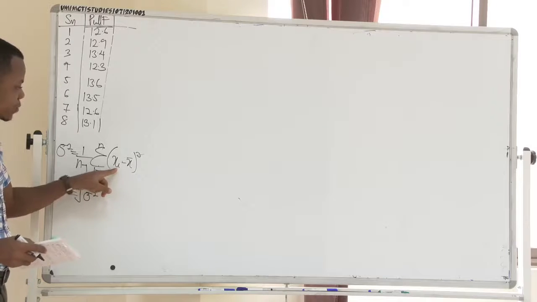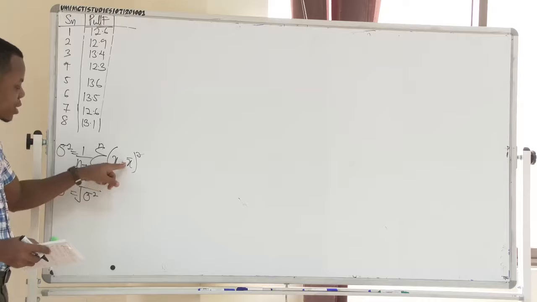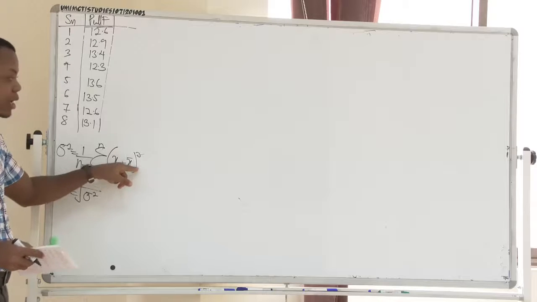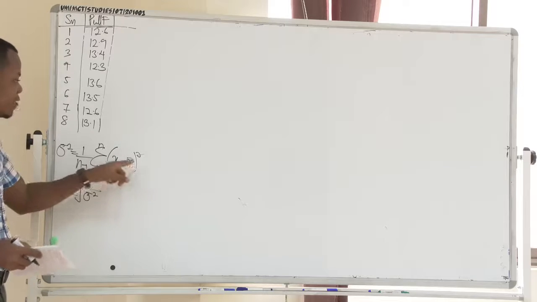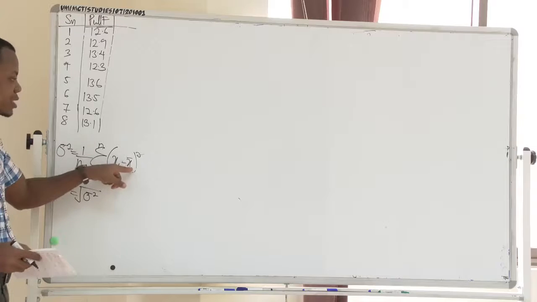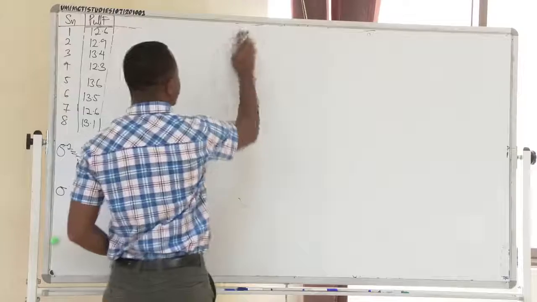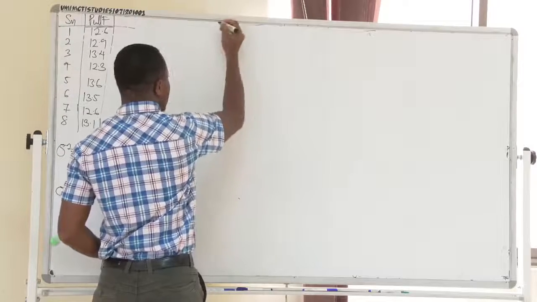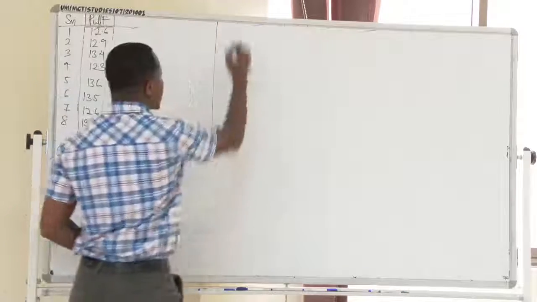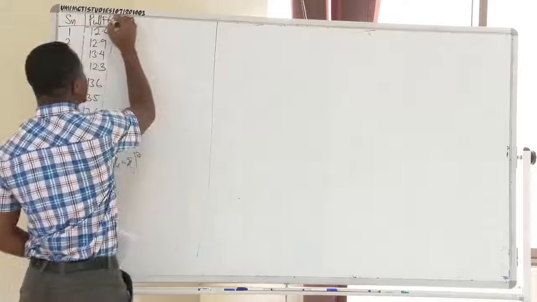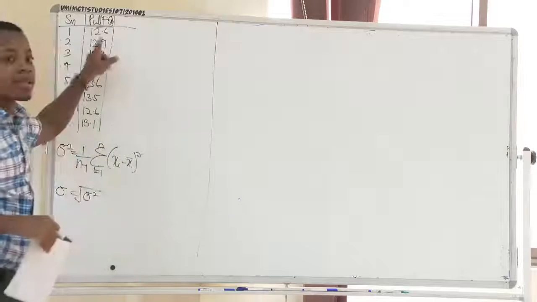With this formula, all that we need is to find the difference between each observation x and their mean. So our first point of call will be to estimate this mean. Let's denote our variable by x.